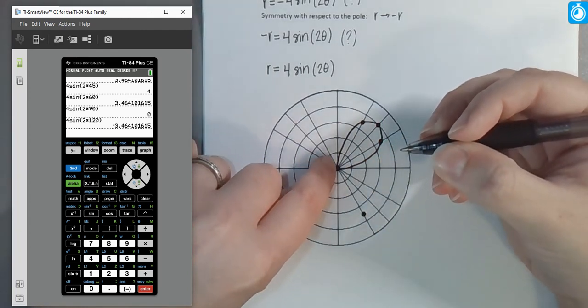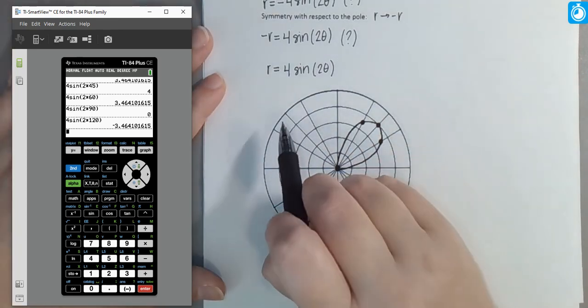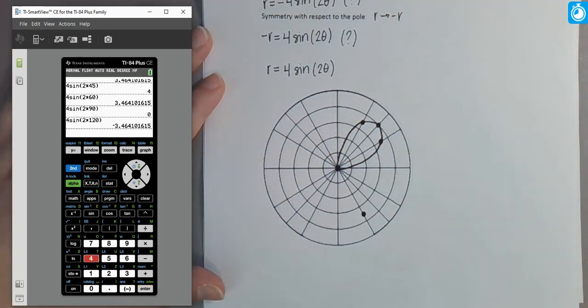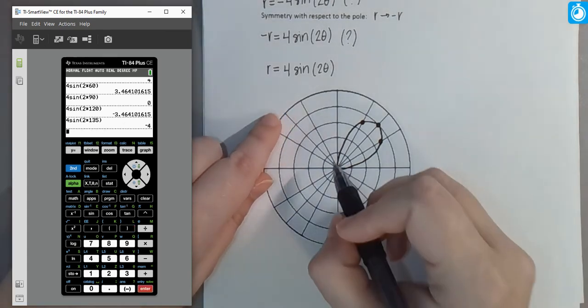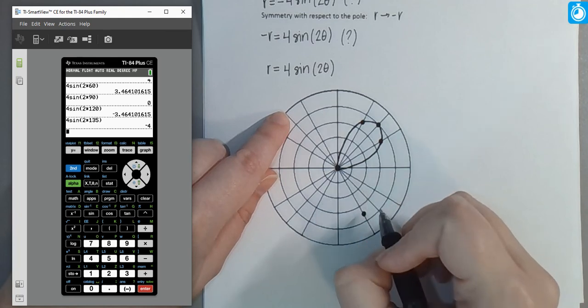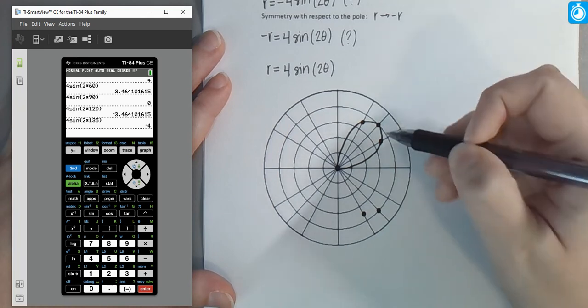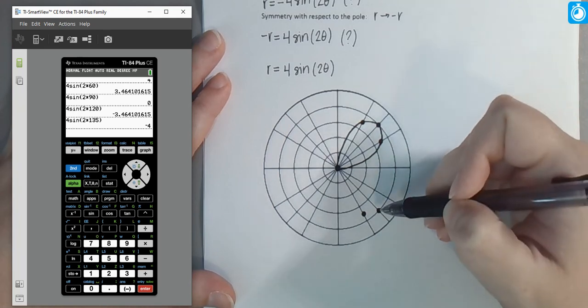So we're rotating from the pole back around here. Now once we make it to 135, 4 times the sine of 2 times 135 degrees, so negative 4. So at 135, we're at negative 1, negative 2, negative 3, negative 4. So we also have a symmetric point right there.